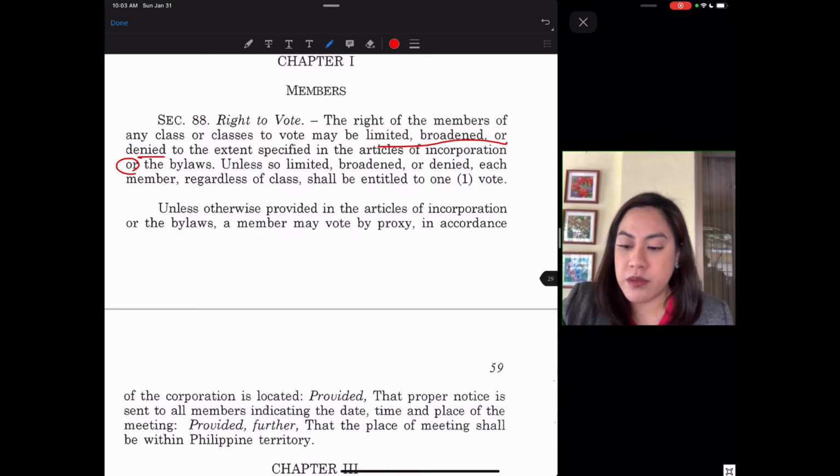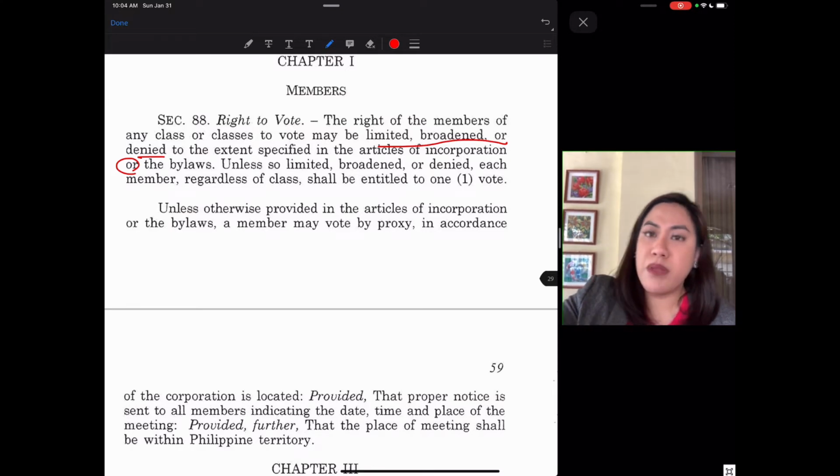What about delinquency? The rules on delinquency also apply to non-stock corporations. Disenfranchisement due to delinquency results in that delinquent member not being included in the determination of quorum.